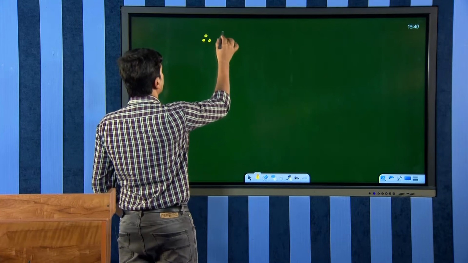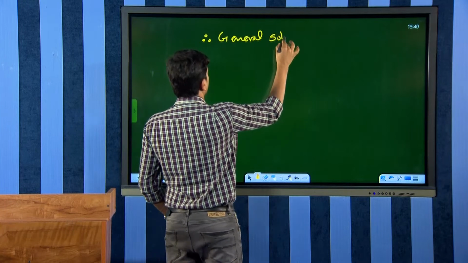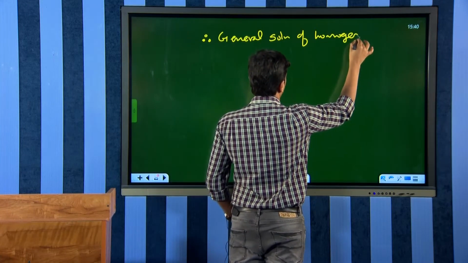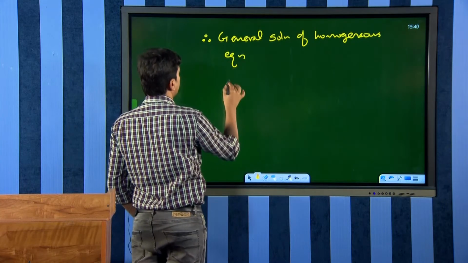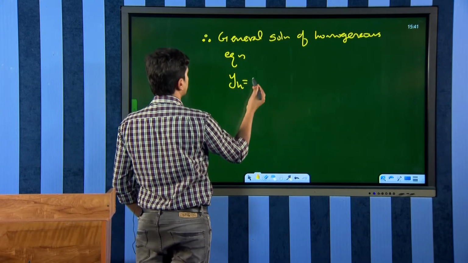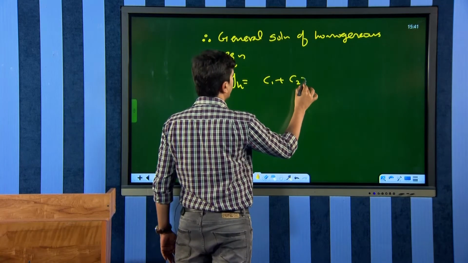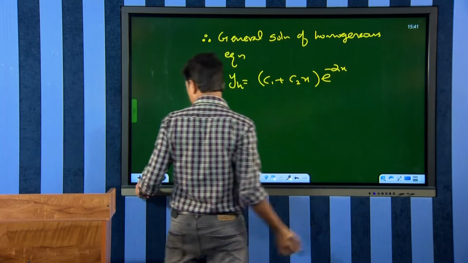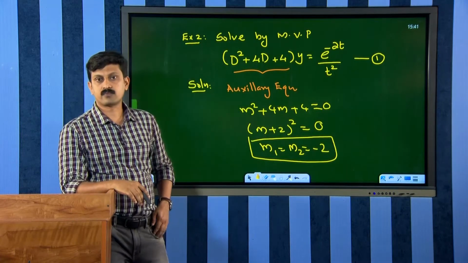The general solution of the homogeneous equation is y_h = (c1 + c2 x) e^(-2x), because m1 = m2 = -2.